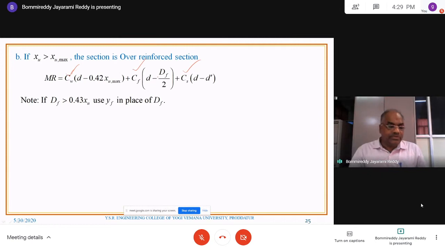So this entire concept is not tough. Only thing, you try to understand and read from singly reinforced to doubly reinforced, doubly reinforced to singly reinforced T-beam, singly reinforced T-beam to doubly reinforced T-beam, and observe what are the various changes that take place.